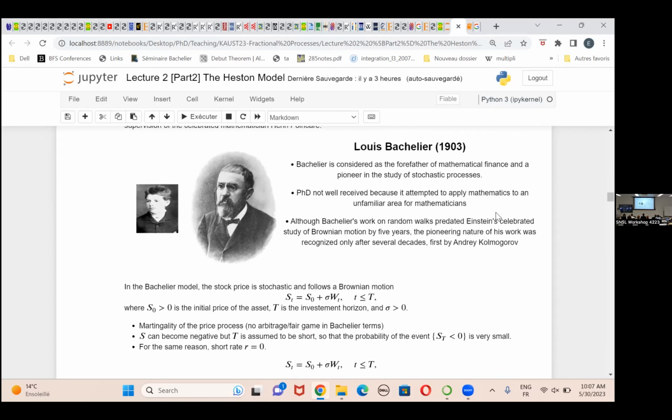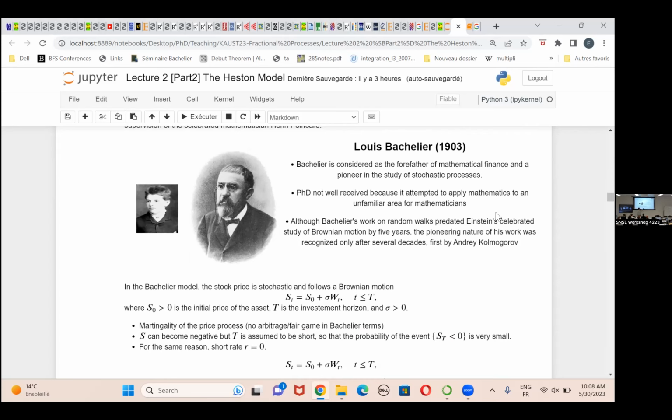Maybe just a small remark: what Bachelier did in his thesis was to model the stock price simply as a drifted Brownian motion, Brownian motion with drift. Of course, it's not very realistic because Brownian motion is Gaussian, so it has a positive probability of becoming negative at all times, and that's not realistic for a stock price.